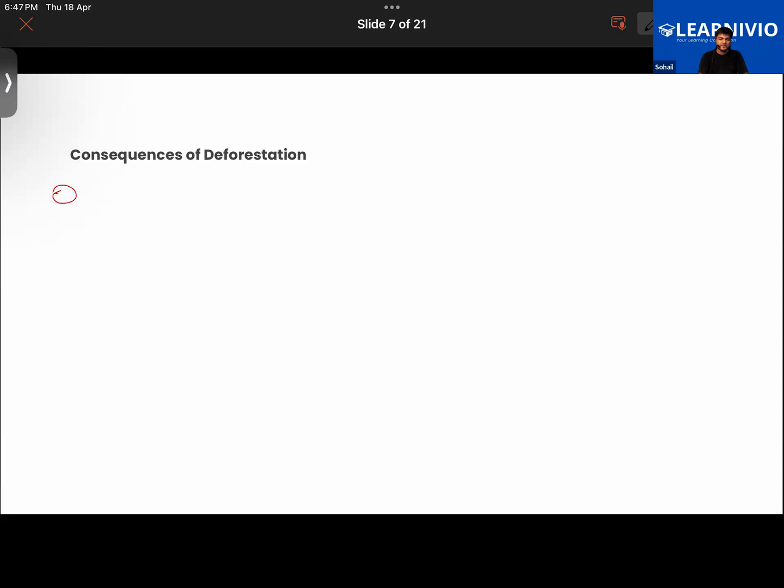Soil erosion also, yes, soil erosion, good. And also, won't it lead to too much carbon dioxide in the air? Exactly. It will lead to an excessive amount of carbon dioxide in the air also. Very good.